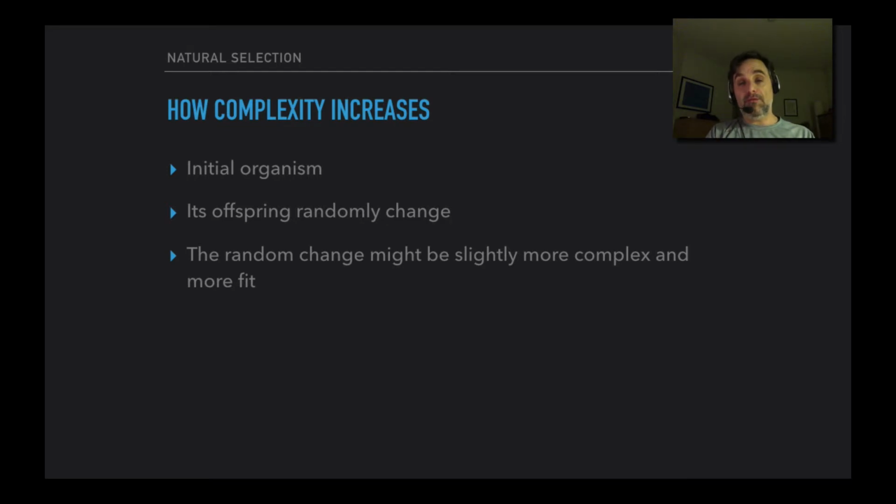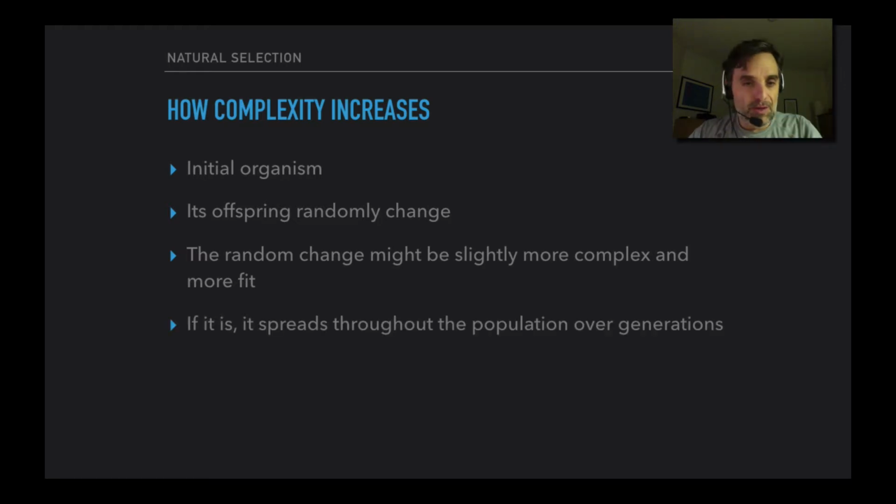And that feature is going to spread throughout the population, and then you have all of the organisms with that one feature, and then some of them will mutate and get a second feature that makes them more fit, and then you get features 1 and 2 throughout the population. Then at some point, feature 3 arises as a result of random mutation, and it turns out to make the animals more fit, and so then it spreads throughout the population.